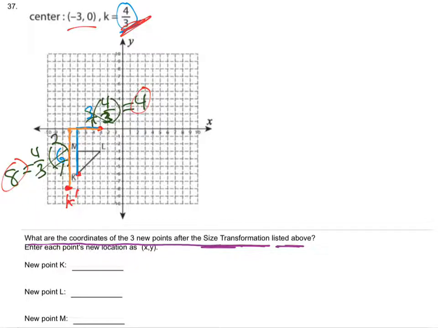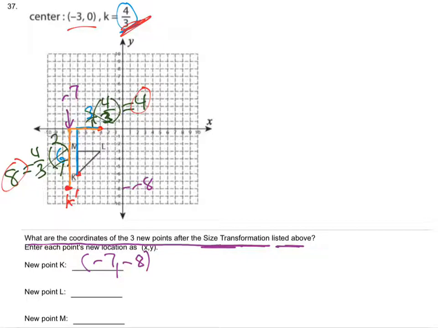Now I go left 4, down 8, find my new point K prime. Now what are its coordinates from the origin? Can you tell that's like back 7, down 8, isn't it? Back 7, down 8. That's the new coordinates of the new point K, the K prime.